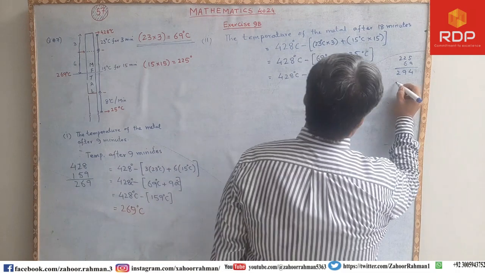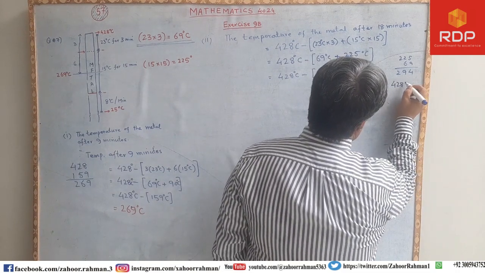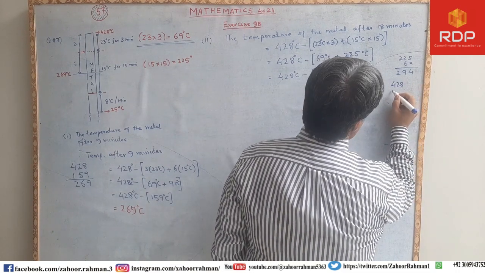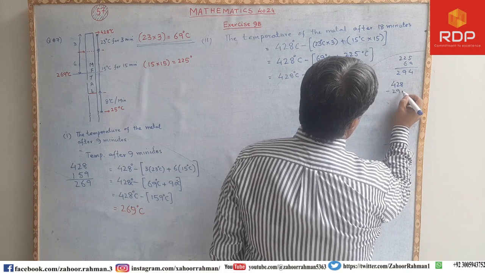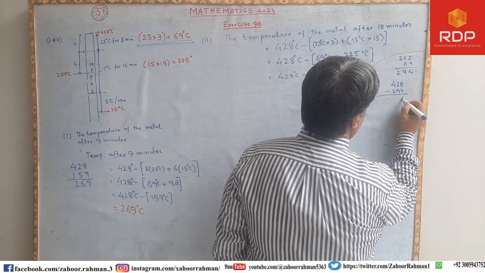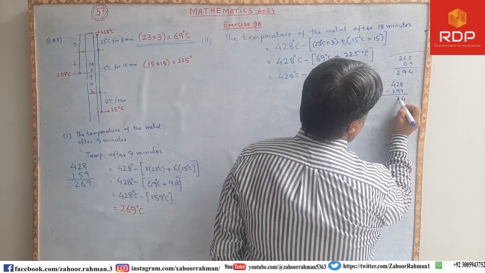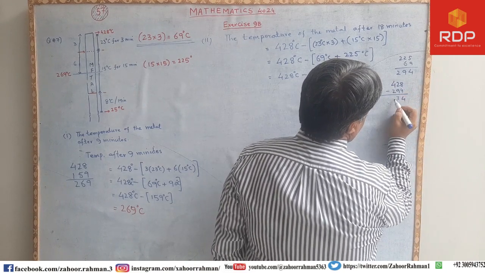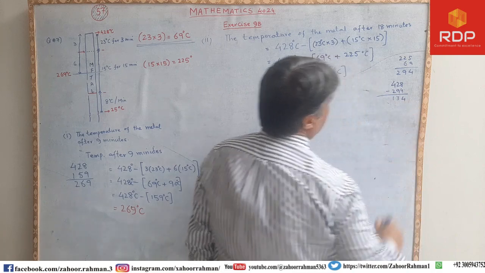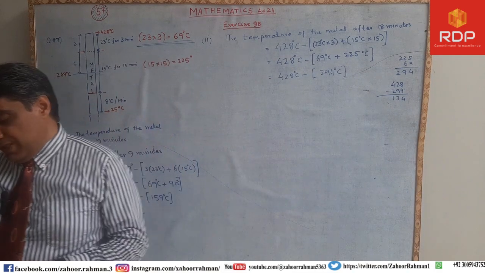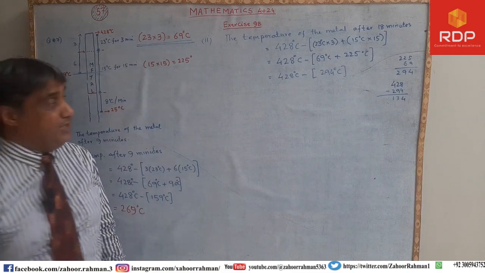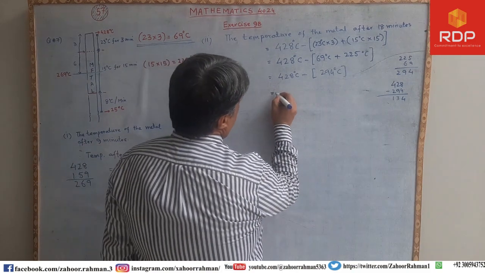So we have to subtract 428 minus 294, and here I have to write 134 degrees Celsius.